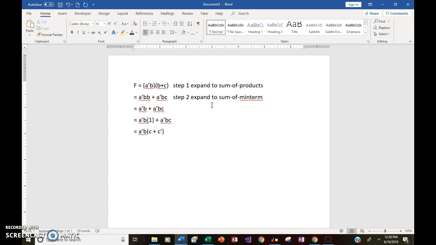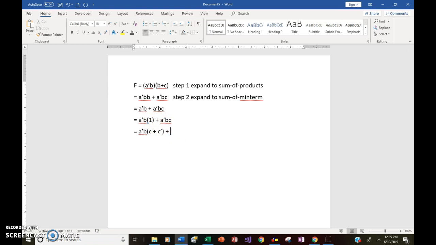Again, just plug in numbers to test to see if that's correct. If C is a 0, 0 plus 1 results in a 1. And if C is a 1, you'd have 1 plus 0, which results in a 1 also. That would be how we introduce C with that term.